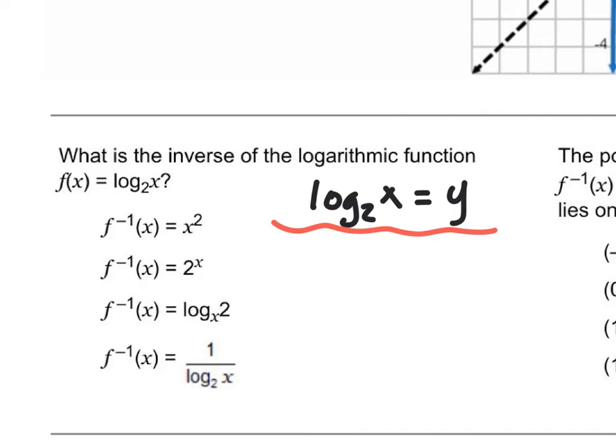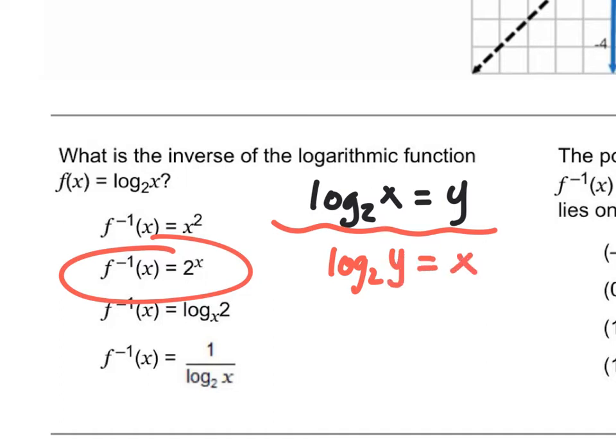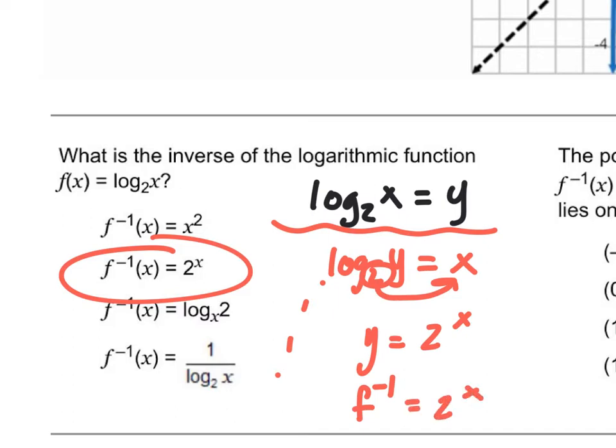To turn this back into an exponential function, you get log base 2 of y is equal to x, and you solve for y. Remember, you take the 2, you move the 2, you shove it underneath the x, drop the log down, so you get y is equal to 2 to the x. Then to put it into inverse form, we change y to f to the negative 1 power is equal to 2 to the x. And that's what you get.